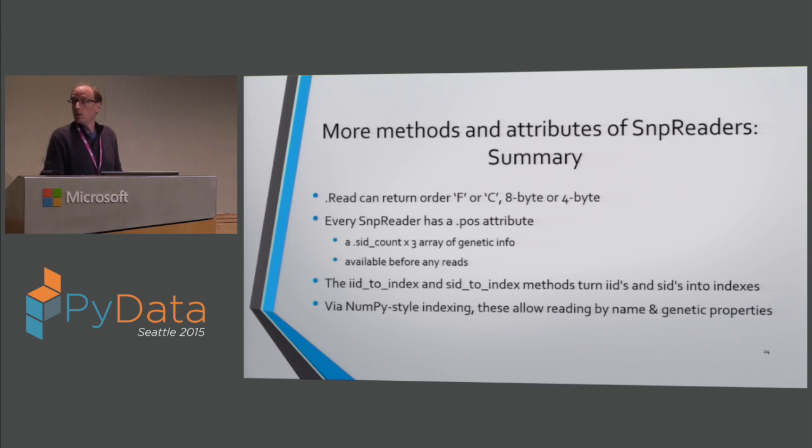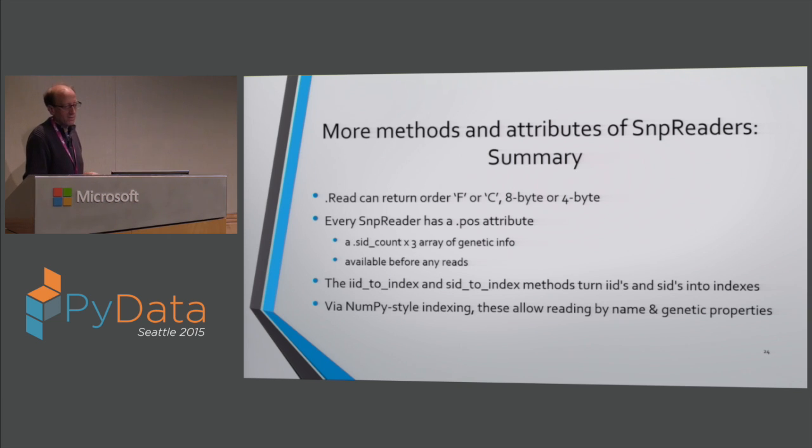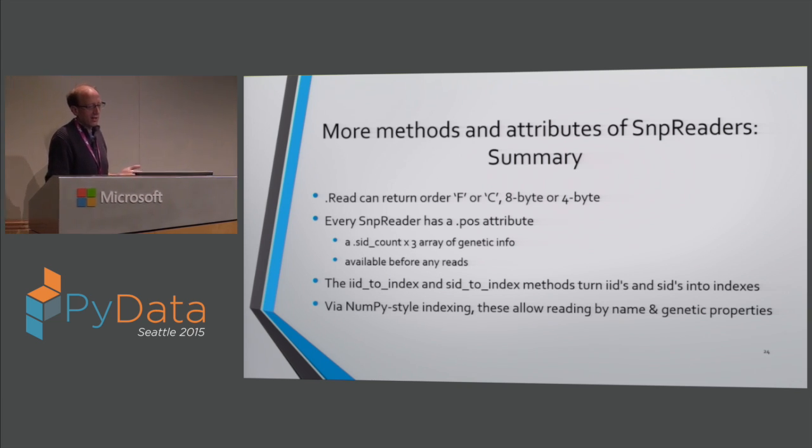So to review, the additional methods and attributes. We can return things in either Fortran or C order, which is important for efficiency. We can return either doubles, which is the default, or singles. Maybe we don't need the higher precision and we want to save memory. Every SNP reader has a position attribute, which is an attribute on the columns that it has genetic info.